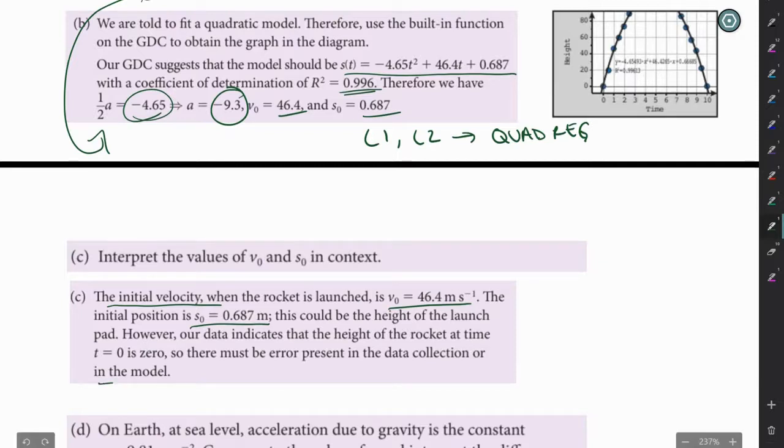So, this is where, if we look at it back up here, remember our r squared value was 0.996. So it's very close, but not exactly equal to 1. So it's not perfect, but it's still very good. So there's a slight amount of error, and it could be based on the model, or it could be based on the data collection.